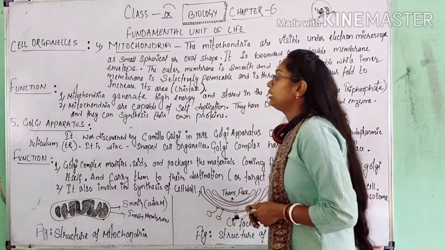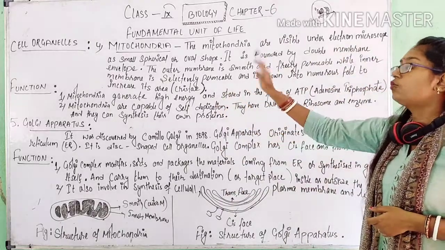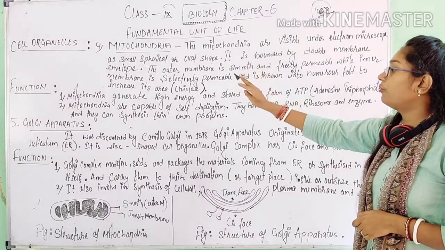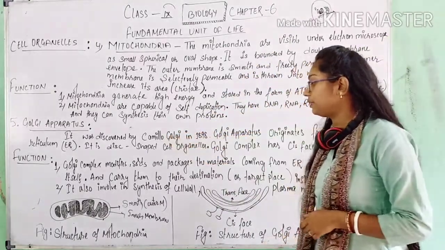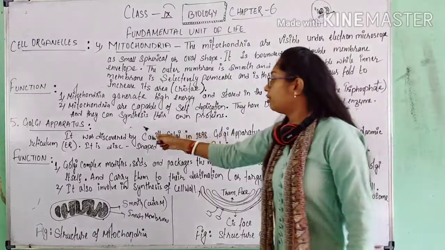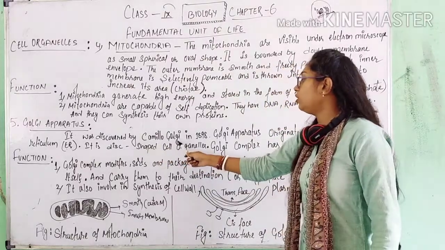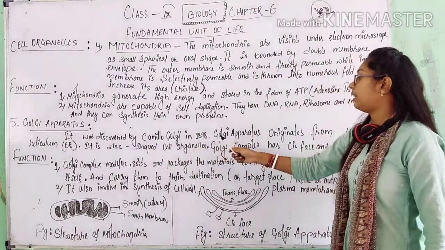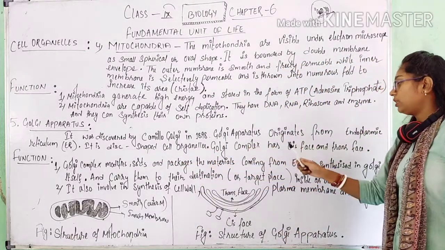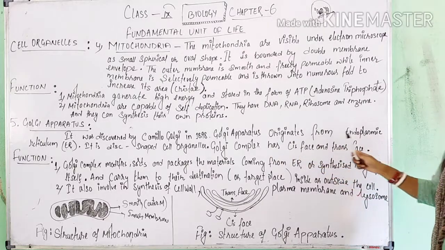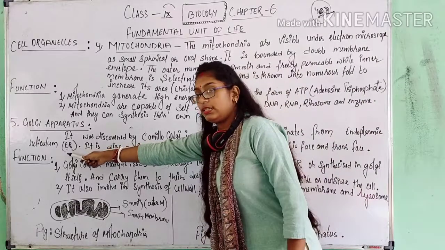So in this video we have discussed two cell organelles, that is mitochondria and Golgi apparatus. So we'll read about the Golgi apparatus. It was discovered by Camillo Golgi in 1898. Golgi apparatus originates from endoplasmic reticulum, that is ER in short.